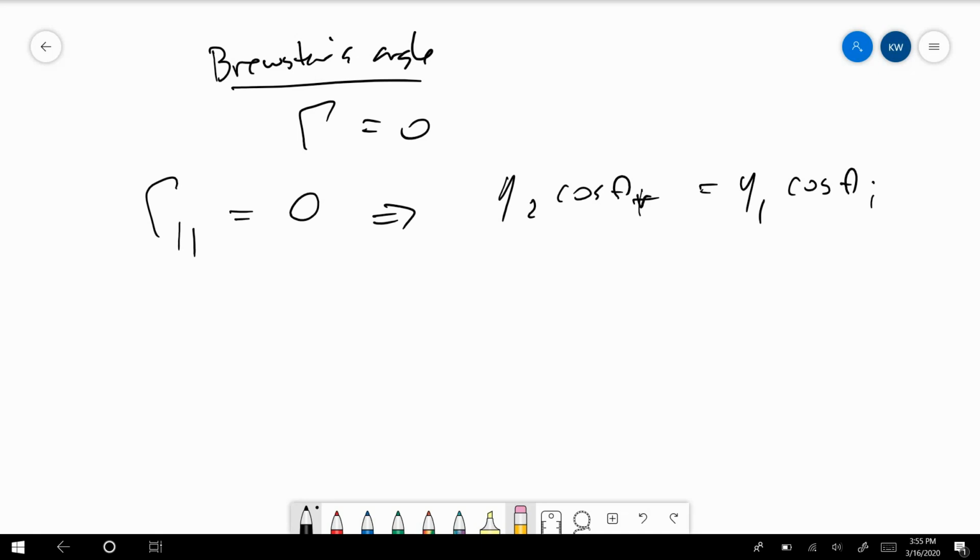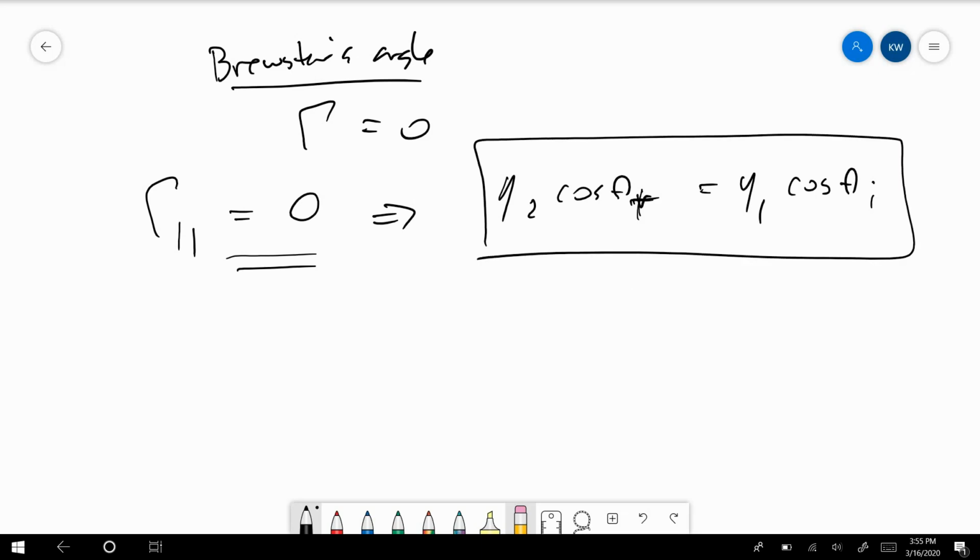Sorry, that should be a theta transmitted, theta t. That's the numerator of the parallel polarized reflection coefficient for oblique incidence. If we have equality between those two things, then the reflection coefficient is 0, and you can use this relationship to solve the homework problem.